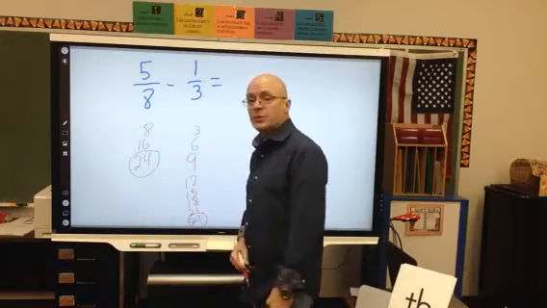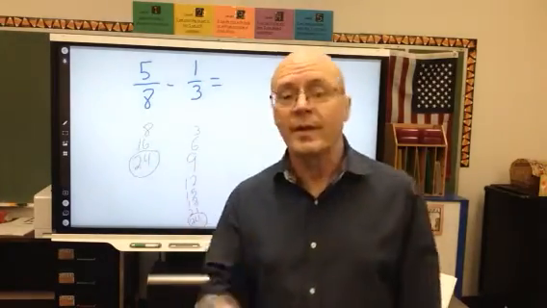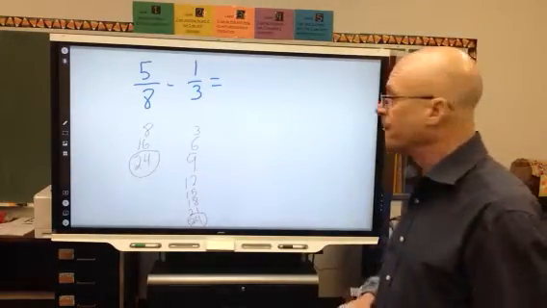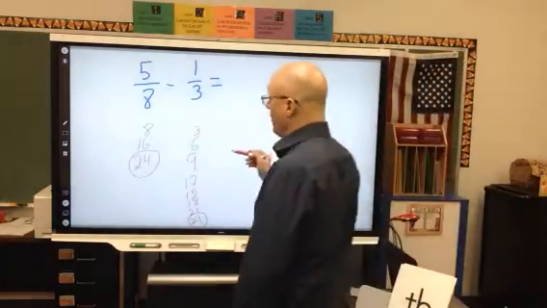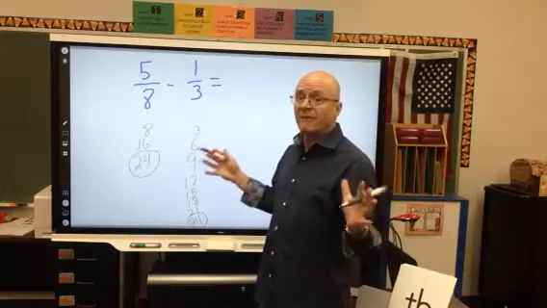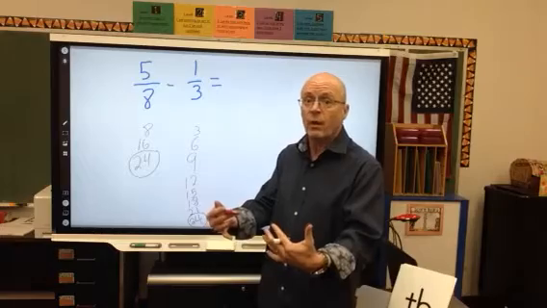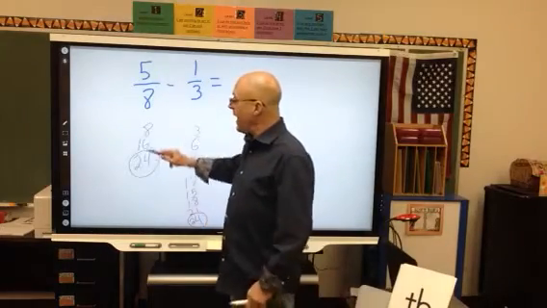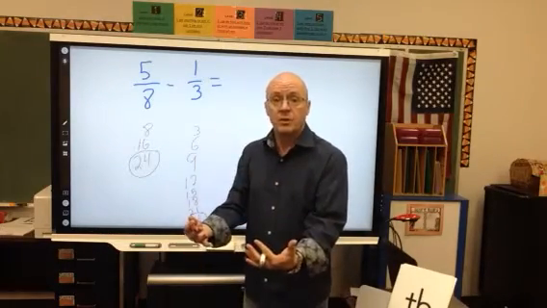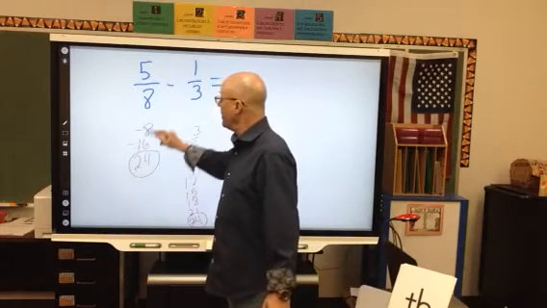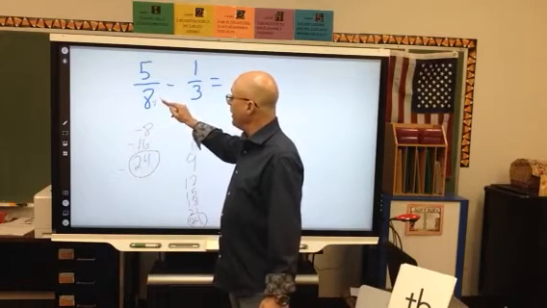24 and 24. And this is where it does get tricky, guys. It does get tricky doing it this way. All right? So now I've got to figure out what I did to these denominators to make them 24. What did I times 8 by to get 24? I times it by 1, 2, 3. So I times 8 by 3.